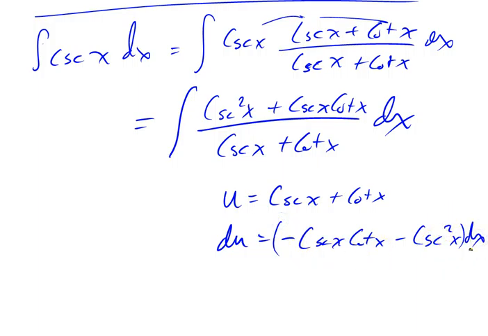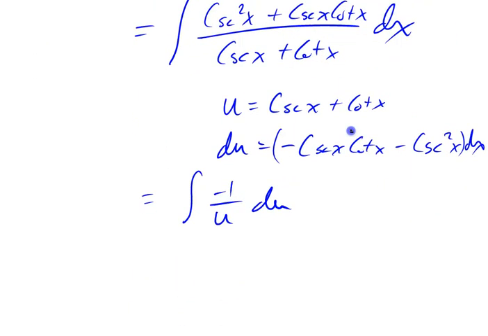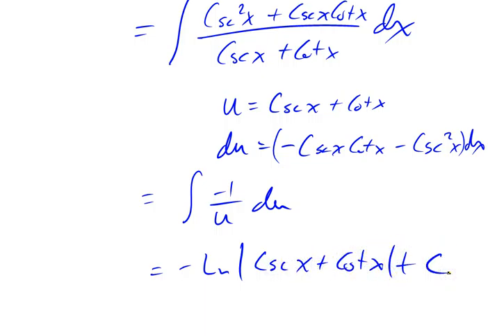And I compare that to my numerator, and it is exactly negative the numerator. So this ends up being an integral of minus 1 over u du. So this is minus the natural log of the absolute value of u, but u is cosecant x plus cotan x, plus c. Integral of the cosecant x dx.